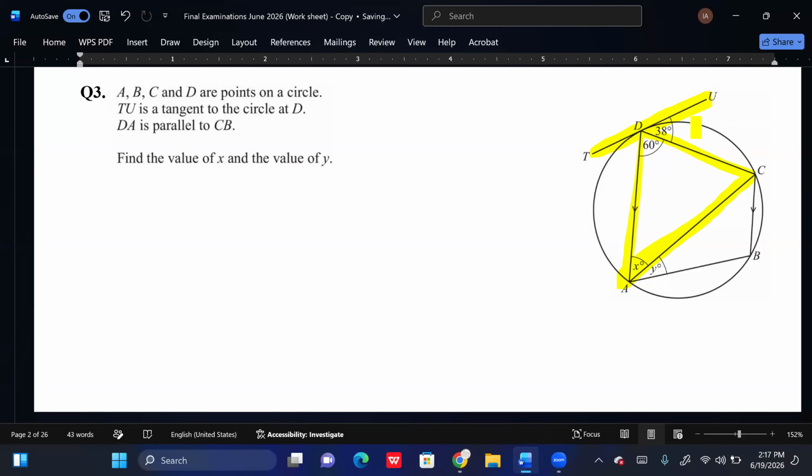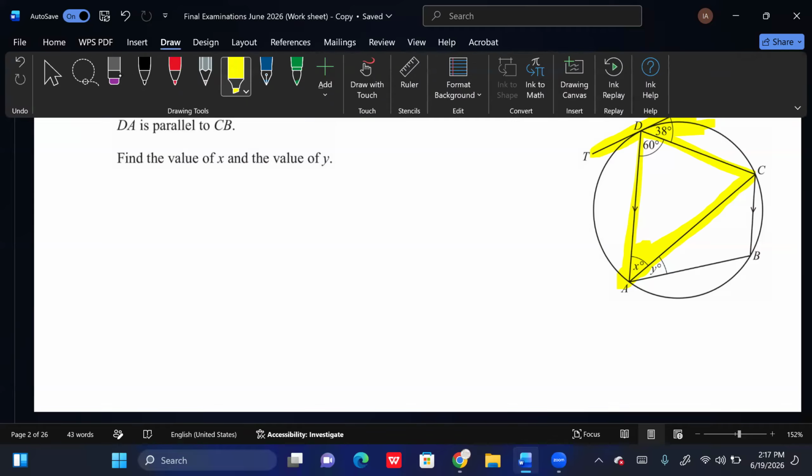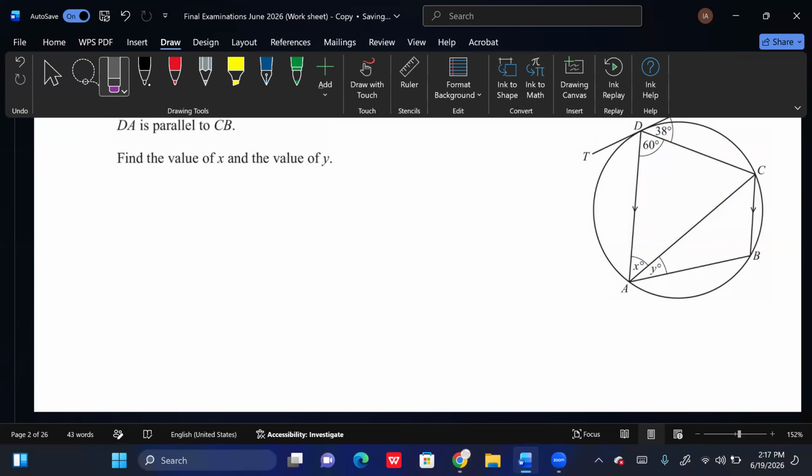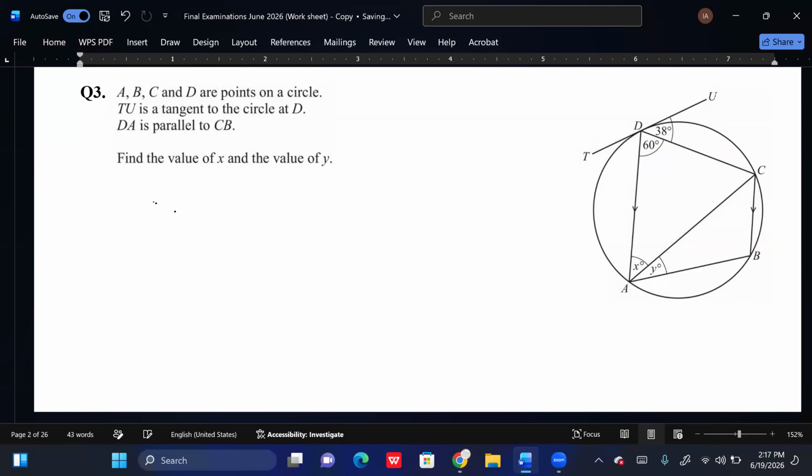So this angle and this angle will be the same, called the alternate segment theorem. That is why I would say that the value of x will be 38 as per the rule of the alternate segment theorem. So x is equal to 38.